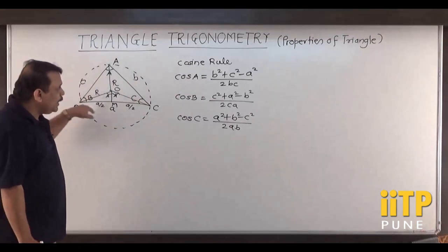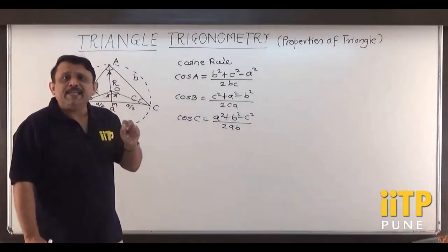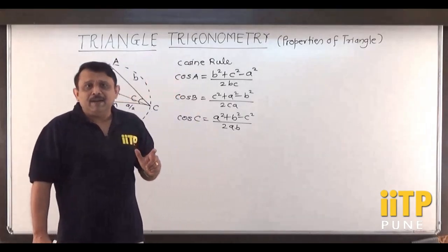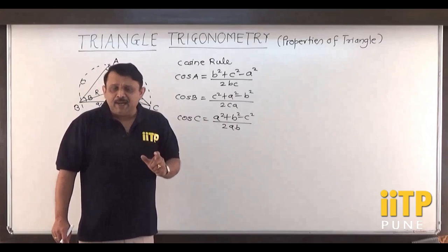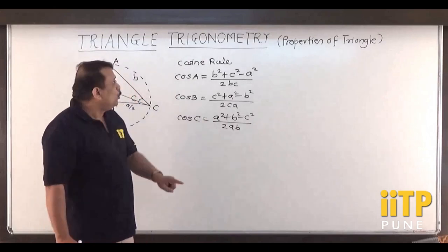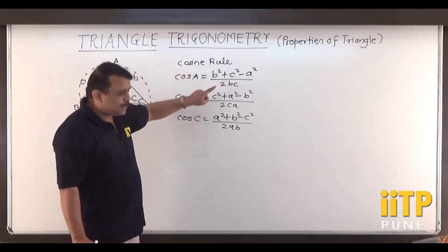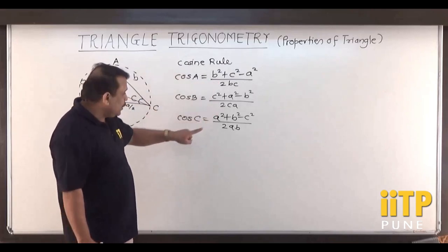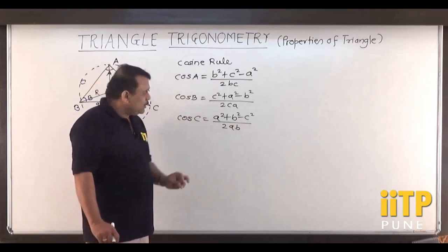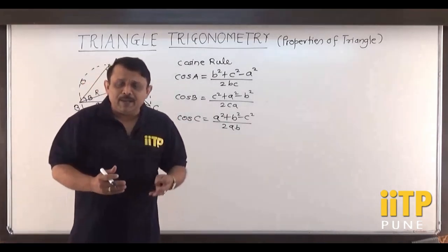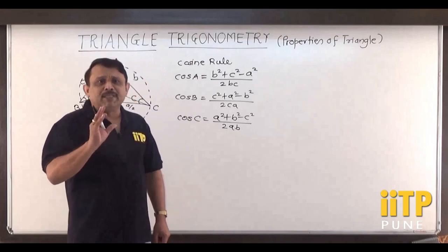So in triangle ABC, if all the three sides small a, b, c are known, we can find all its angles using the rule known as cosine rule. So cos A is given by this, cos B is given by this, cos C is given by this. There is a sort of symmetry and a cyclic order by which you can easily remember the formula.